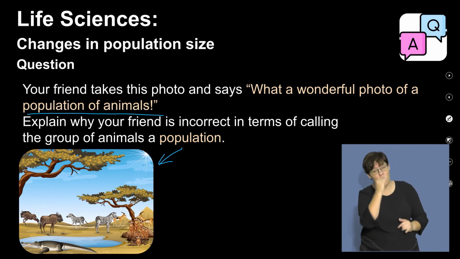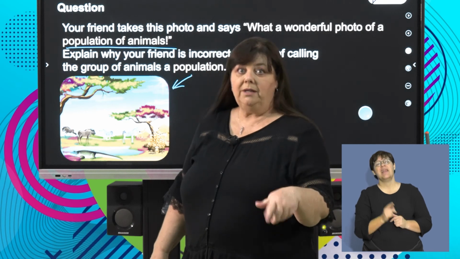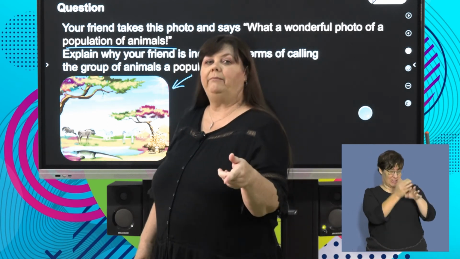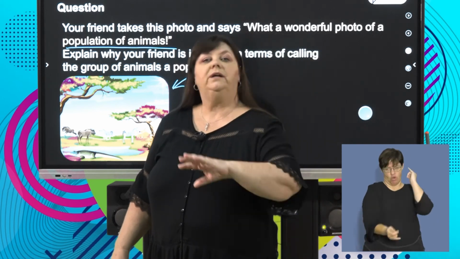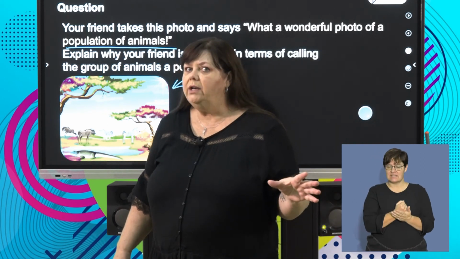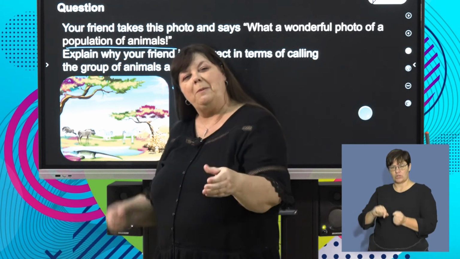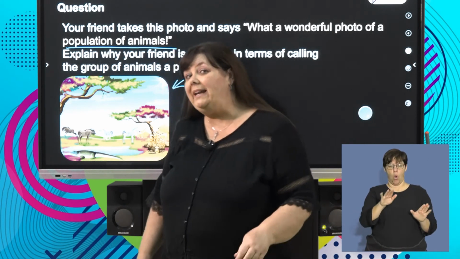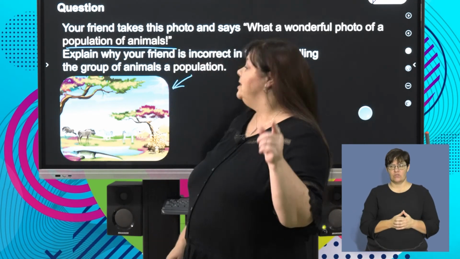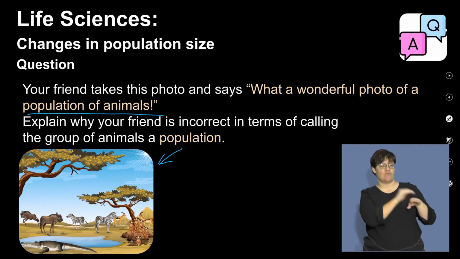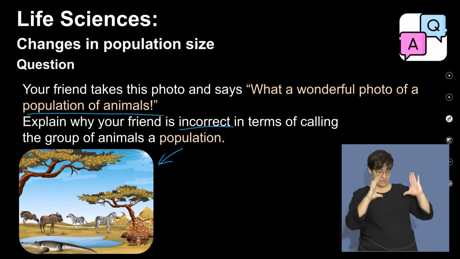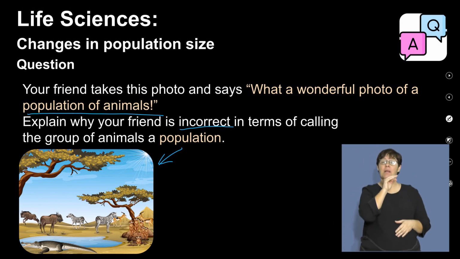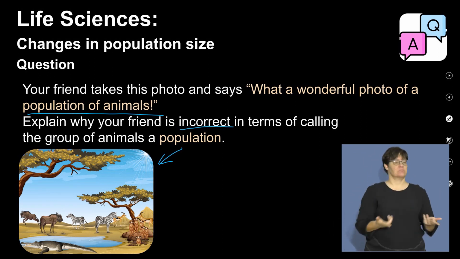I'm so sorry, I love you dearly, but you're wrong. All right? You've now become that friend. But you can't just tell your friend, dude, you're wrong. You've got to be able to back up your opinions with science. So, explain why your friend is incorrect in calling this group of animals a population.